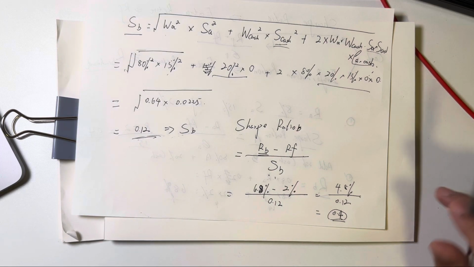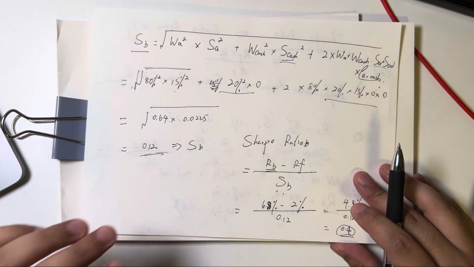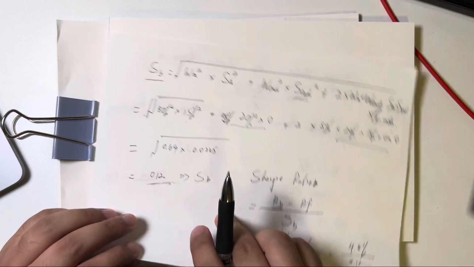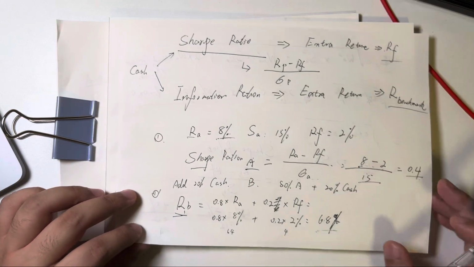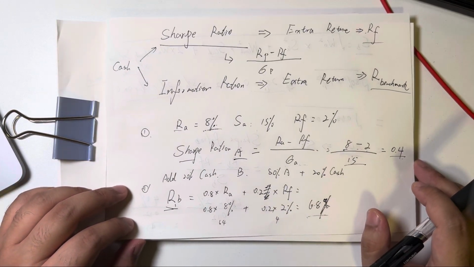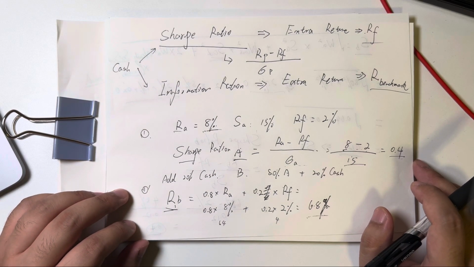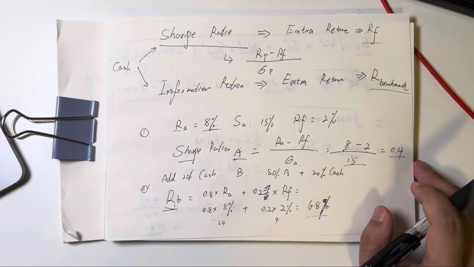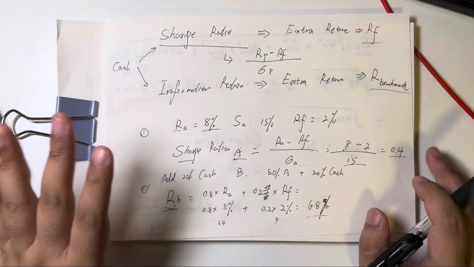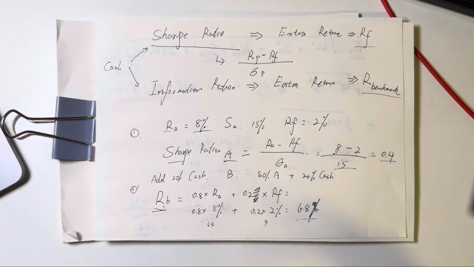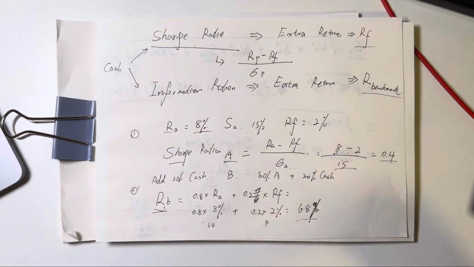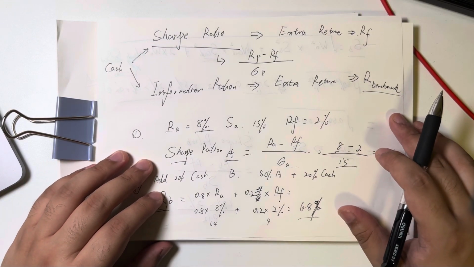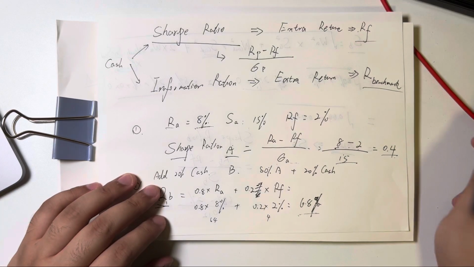Okay, so that's why adding cash to the combination of the asset does not change the Sharpe ratio. Okay, so basically you add it or you subtract from it, or what is even more interesting is that you borrow money, you leverage up, you still can get that specific return.